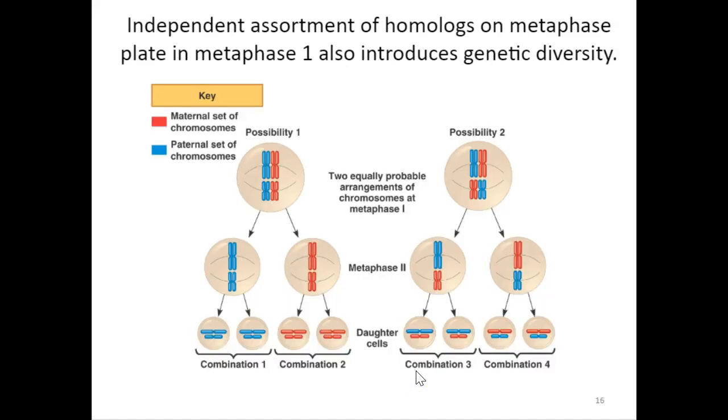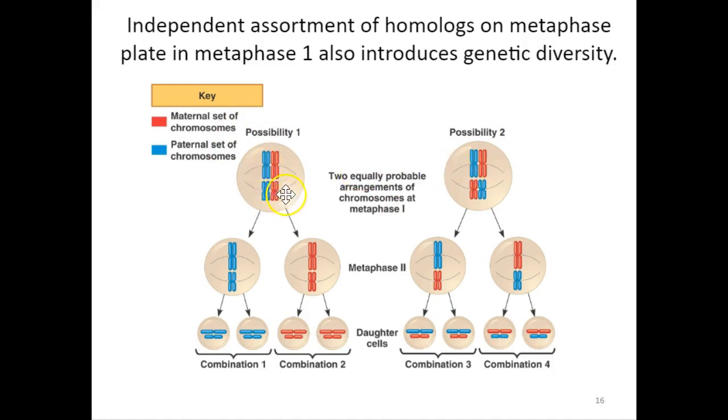Another really important aspect of meiosis 1 that allows for the introduction of genetic diversity in the organism going through meiosis, relative to its parents, is the fact that the homologs can line up on the metaphase plate in metaphase 1 in different possible configurations. So this is just focusing on a scenario where there are two pairs of chromosomes, long and short.